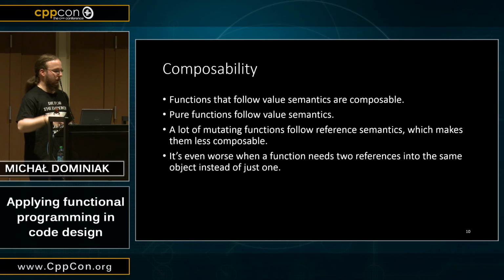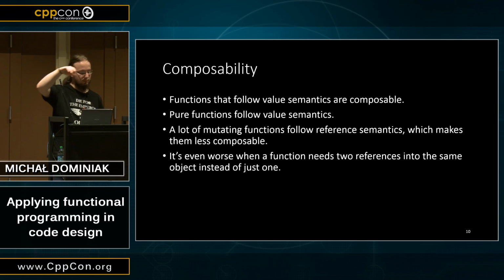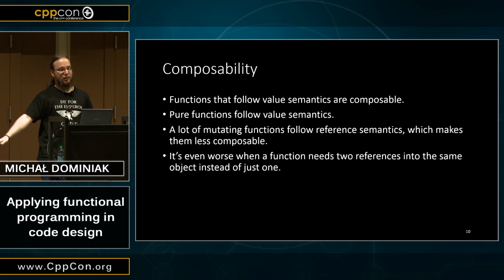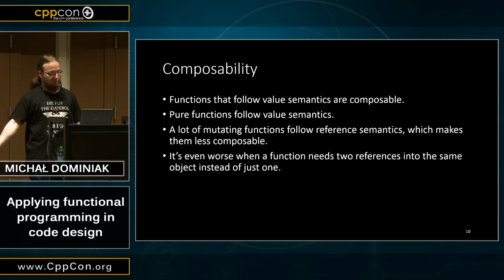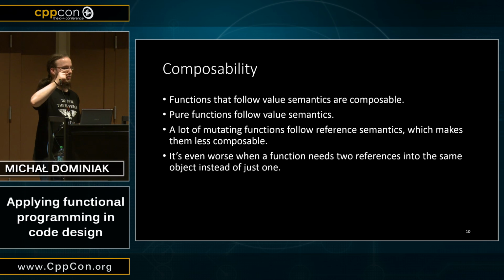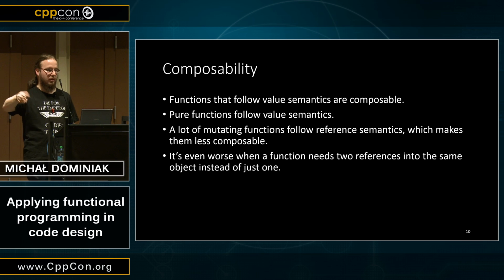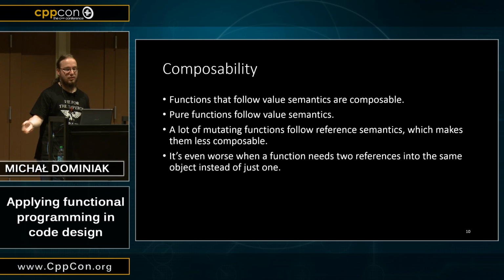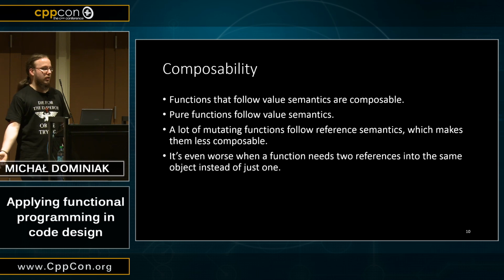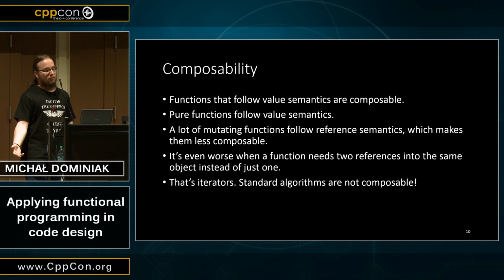You cannot return a container and pass it to standard sort and expect it to do the right thing, because you need two references into that container. So you have to save it, take those two references, pass it to a function.